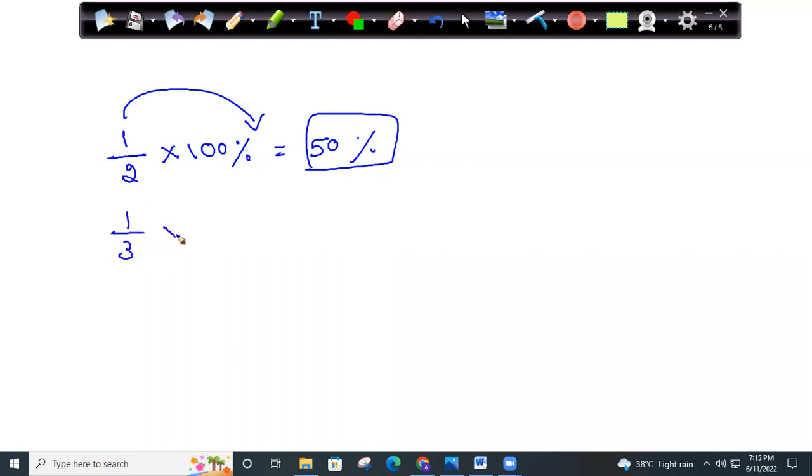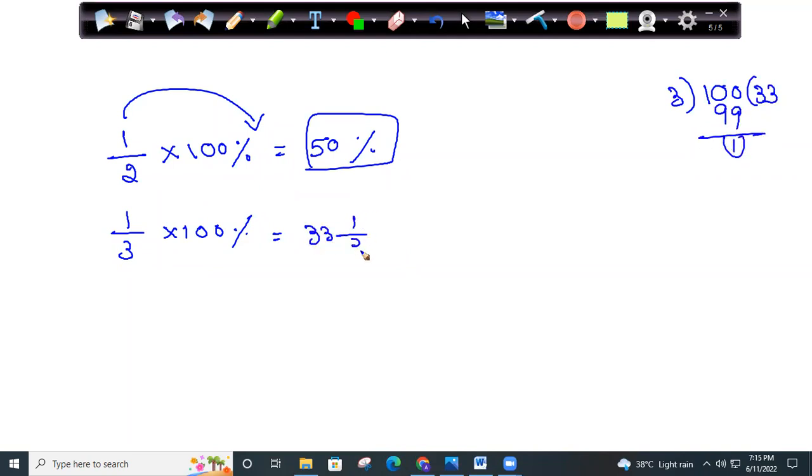So if I want to convert 1/3 to percentage, multiply with 100 and place the percentage sign. So divide 100 by 3. It goes 33 times, 99. Remainder is 1. So 33 1/3%. If I want to convert 1/4 to percentage, what is 1/4 in percentage? 25%.